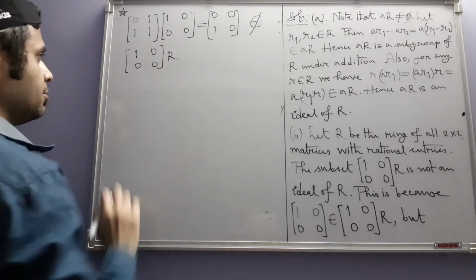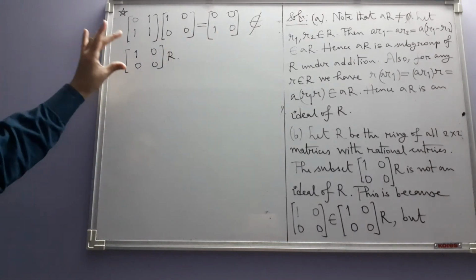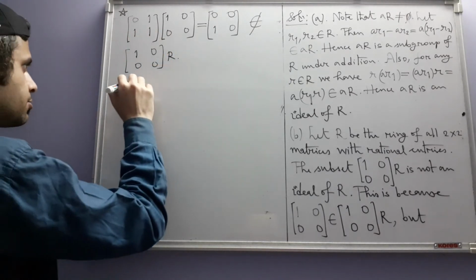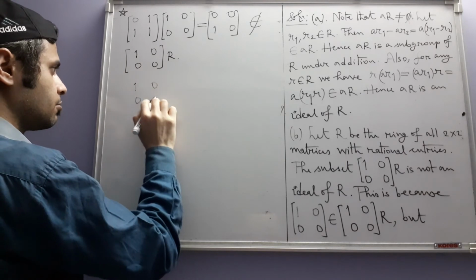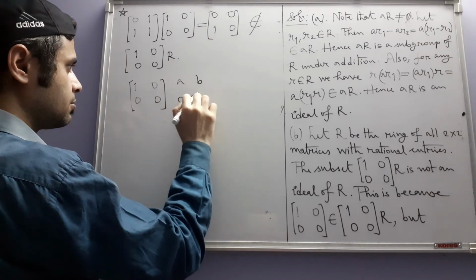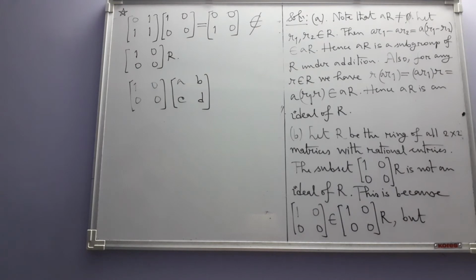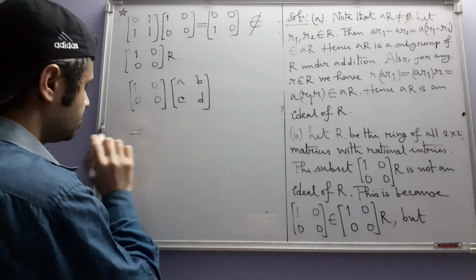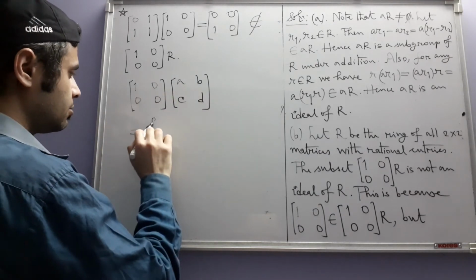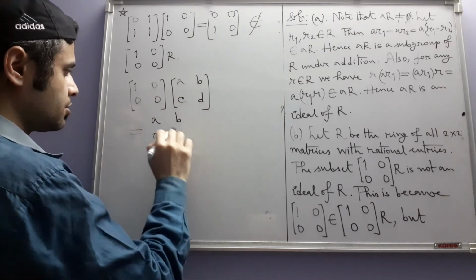Okay, by the way, what is the reason for it to not be in this subset? Let us look at a general element in this subset. A general element looks like this, times some other matrix where this A, B, C and D are rational numbers. Now if we carry out the multiplication, what do we get? A plus 0, B plus 0, 0 plus 0, 0 plus 0.